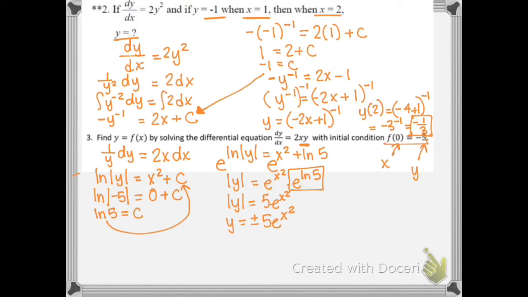So right here, I'm boxing this initial condition we started with, when we input a 0 to our function, we should get an output of -5. Well, in order to get an output of -5, we have to choose the negative coefficient. That way, when I input a 0, e to the 0 power is 1. And so I get a 1 times -5, so that does give me -5.